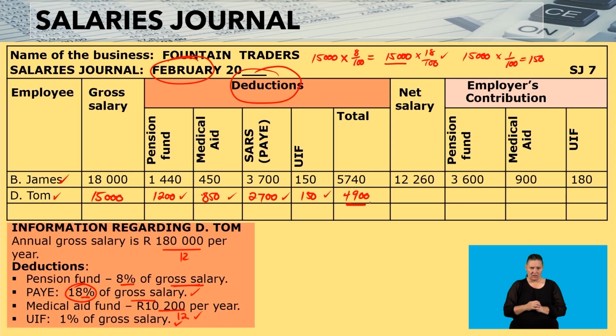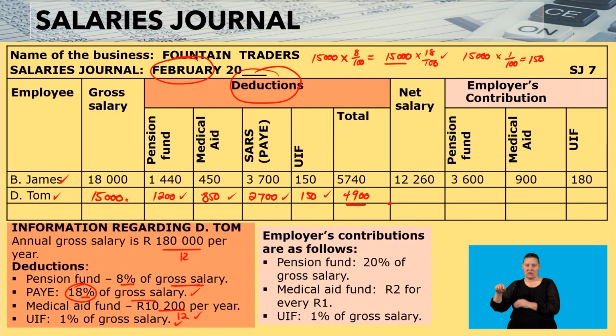After I get my total deductions, I need to get net. You remember now how we were calculating net. How were we doing it? We were saying gross, which is 15,000, minus my total deductions, which is 4,900. Therefore, in this case, I will get net salary 10,100.